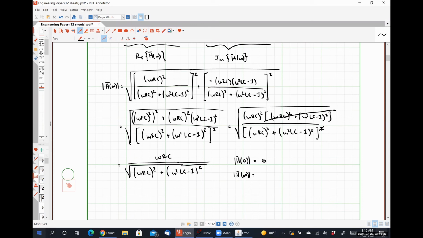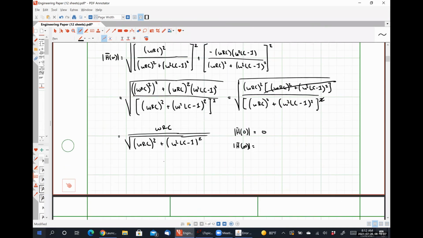At very high frequencies, we are going to have infinity divided by the square root of infinity squared. Actually, hold on. So let's look at this guy.